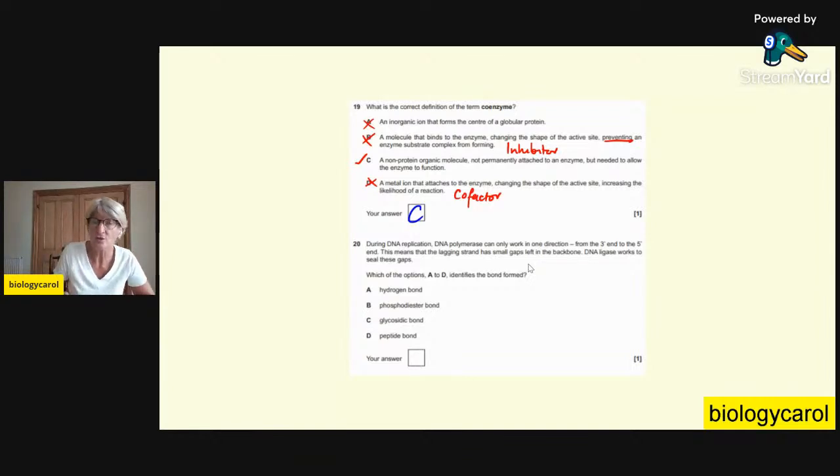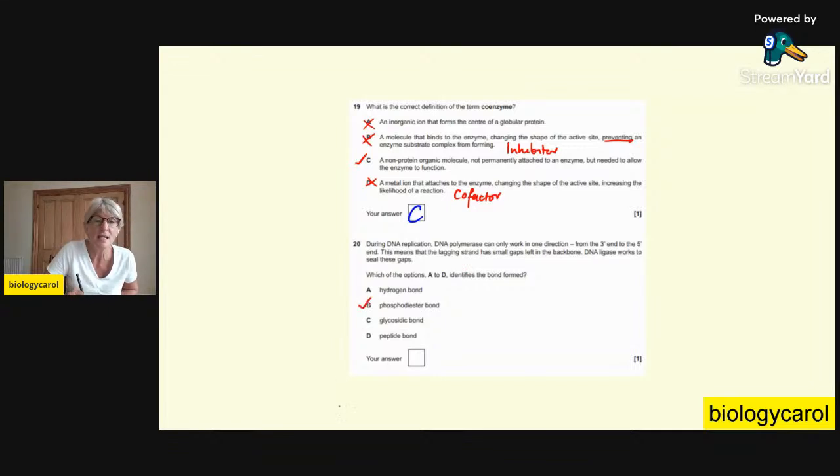It is not ever like DNA polymerase. Let me take the opportunity of emphasizing this. Neither DNA polymerase nor DNA ligase reform hydrogen bonds, those ones that are broken by the DNA helicase. So DNA ligase and DNA polymerase reform the phosphodiester bonds that put together the sugar phosphate backbone.